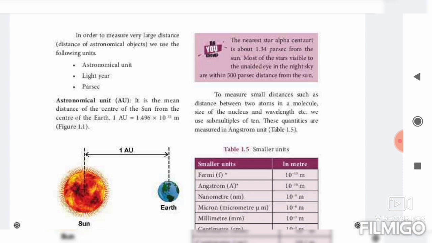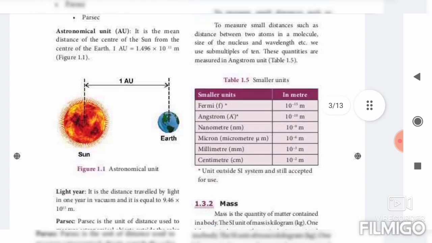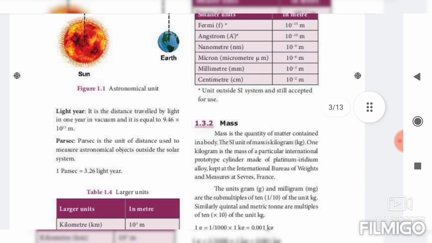It is the distance traveled by light in 1 year in vacuum. What's the value of 1 light year? 9.46 into 10 power 15 meter. Then parsec is the unit of distance used to measure astronomical objects outside the solar system. 1 parsec equal to 3.26 light year.